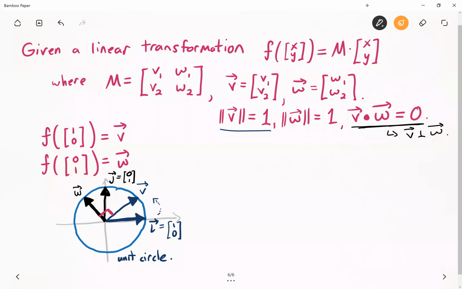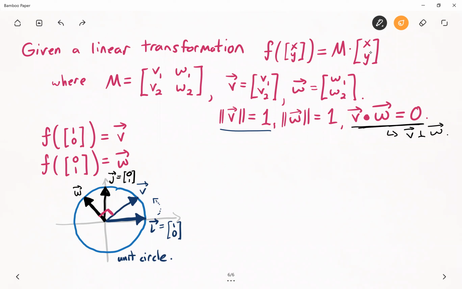In particular, since I and J are perpendicular to each other, and also V and W are perpendicular to each other, the angle, we'll call that theta, the angle between I and V must be the same as the angle between J and W. Let that sink in there for a minute. It rotates both these vectors by the same amount.